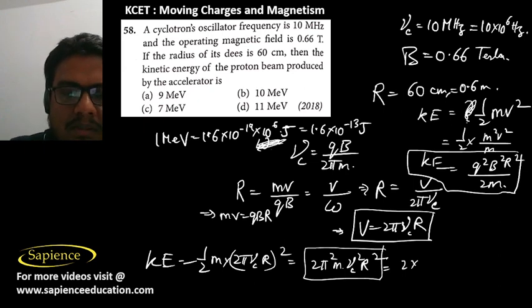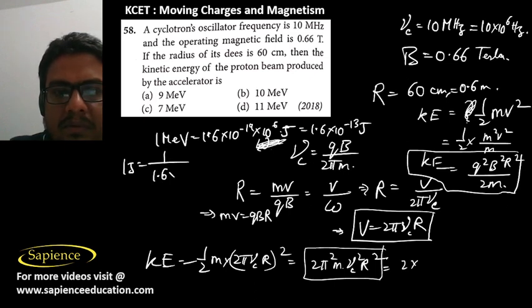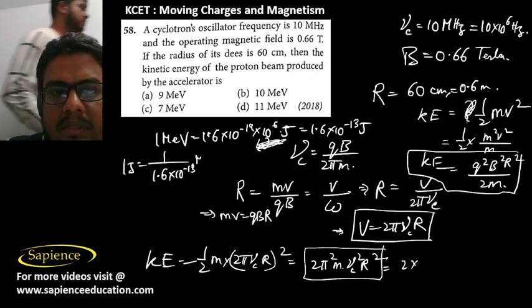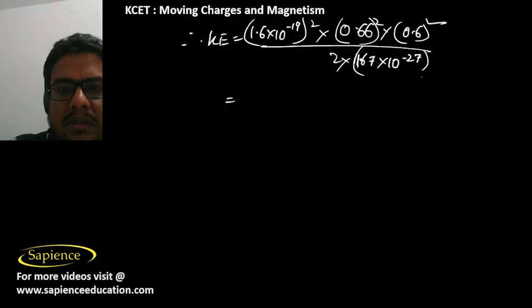So 1 joule is 1 by 1.6 into 10 power minus 13 mega electron volt, so that here the answer will come in joule.